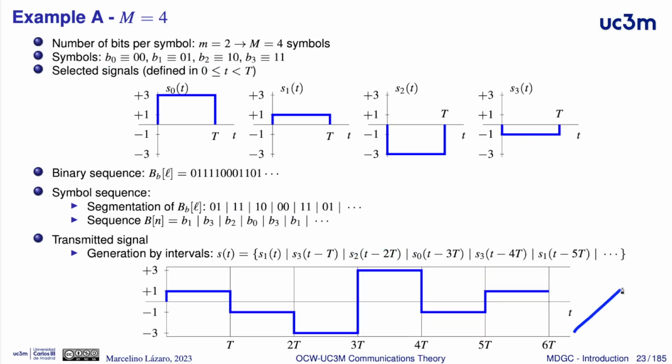This is how the modulated signal s(t) is generated piecewise. Symbol interval to symbol interval. Each time a symbol is considered, the signal associated to this symbol is shifted to the corresponding symbol interval.